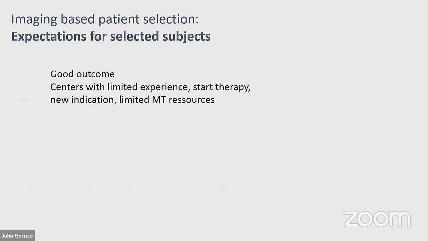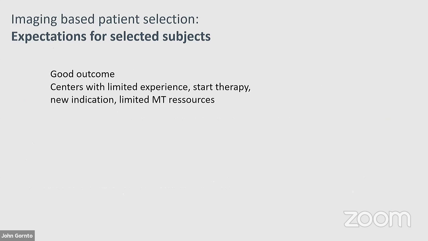So I think the question is a bit blurry. Do we need much imaging or not so much imaging? I think first we need to frame the whole thing or phrase the right question. What are our expectations? Do we want to achieve a good outcome?